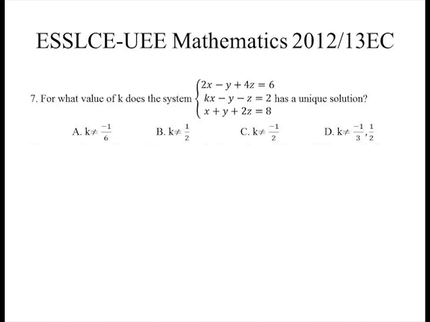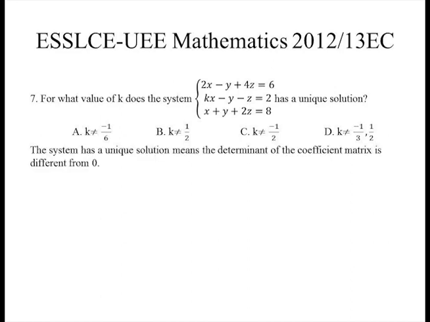Question number 7. For what value of k does the system 2x minus y plus 4z is equal to 6, kx minus y minus z is equal to 2, x plus y plus 2z is equal to 8 have a unique solution? The system has a unique solution means the determinant of the matrix is different from 0.